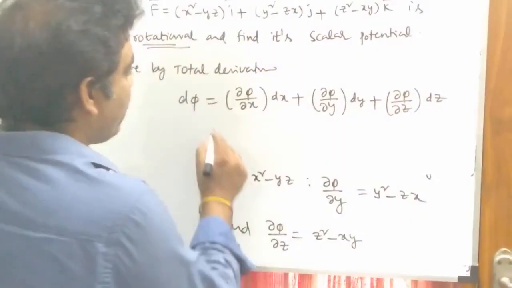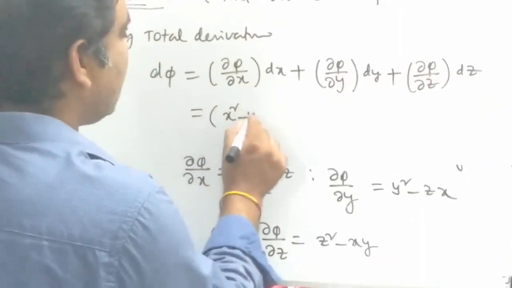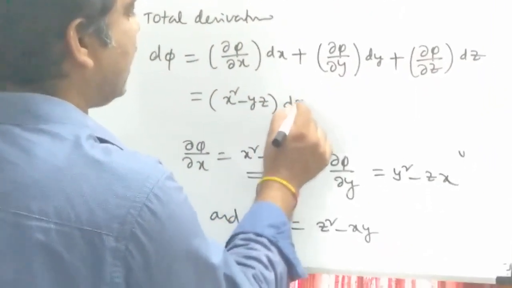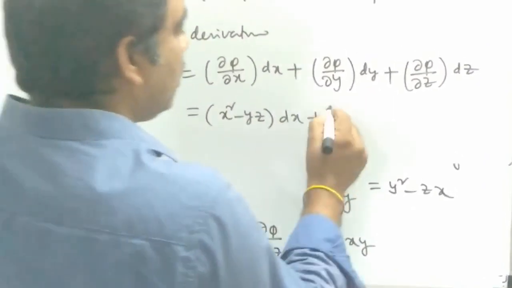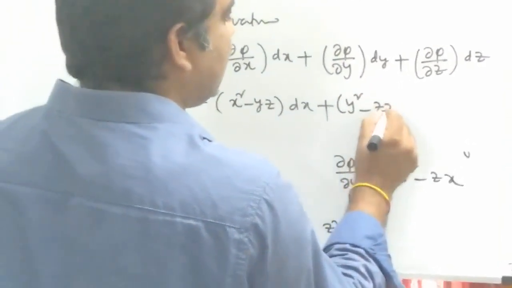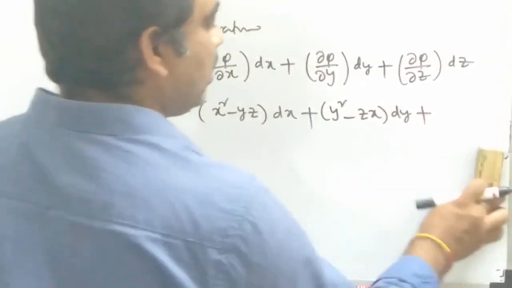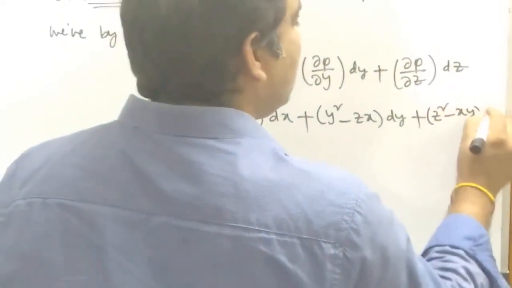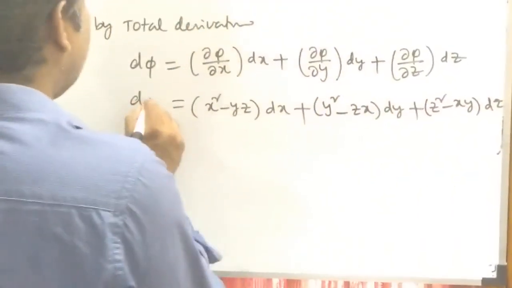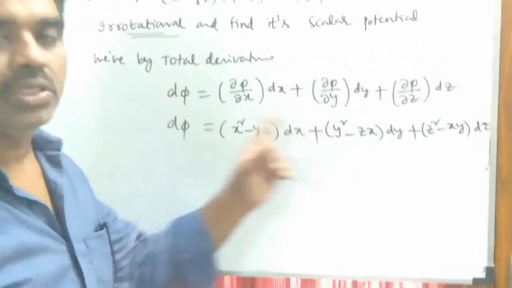So we have dou phi by dou x, that is x square minus yz into dx, plus dou phi by dou y, that is y square minus zx into dy, plus dou phi by dou z, z square minus xy into dz, that is equal to d phi. So now phi can be obtained by integrating both sides.